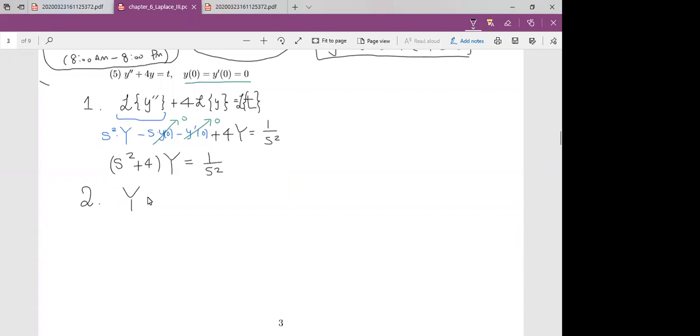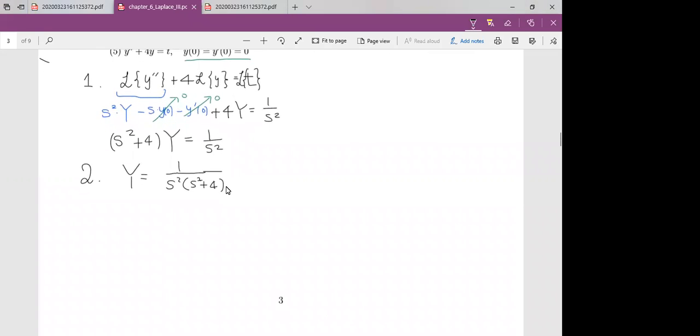Step 2 is to solve this equation for capital Y. So capital Y is 1 over S squared times S squared plus 4. Good. We are done up to step 2, and in the next step you want to take the inverse transform.